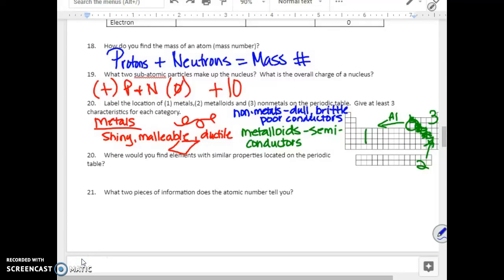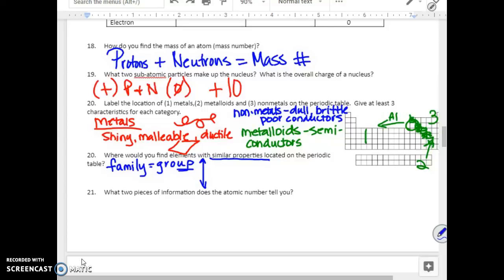Number 20, where would you find elements with similar properties located on the periodic table? So the keyword right here is similar properties. Just like our family, we are similar to our family. Another word for family is groups. Groups go up and down.